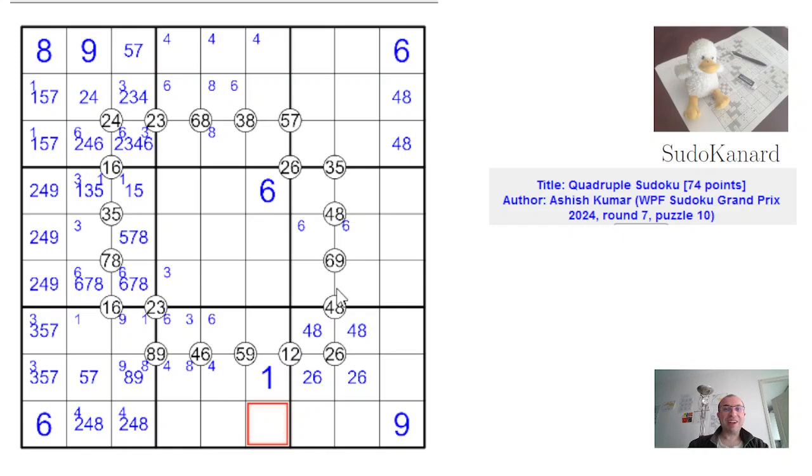I'm not sure where, which is exactly what happened during the contest. Oh, no, I was saying 4, 8 something, but no. 4 and 8 are in here, with a 6.